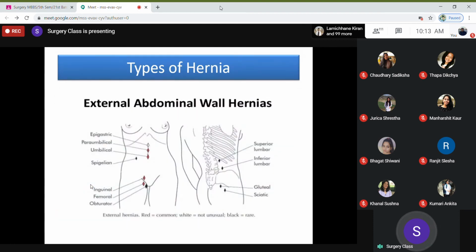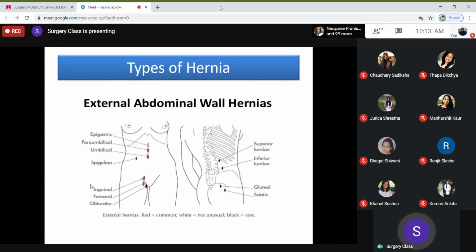So there are so many hernias. They could be just in between the umbilicus and xiphisternum. They are known as epigastric hernia in the linea alba. There might be some hernia from the umbilicus. There might be hernia just adjacent to the umbilicus, and that is paraumbilical hernia.